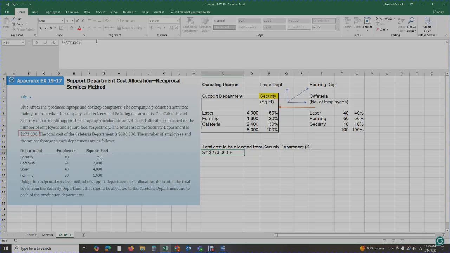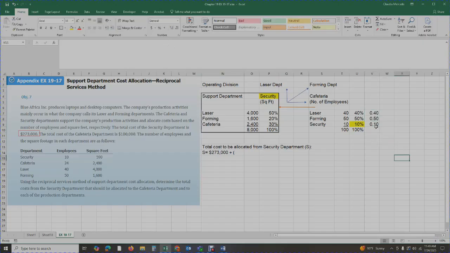plus, how much of the cafeteria is going to go to the security? 10%. That is equivalent to 0.10 in decimals. So this is 0.40, this is 0.50, that's 0.10.